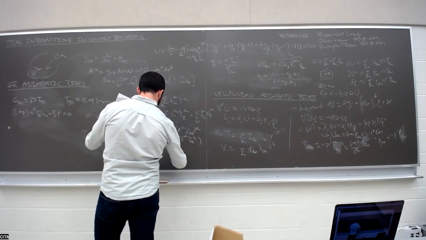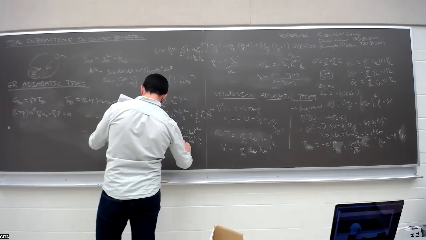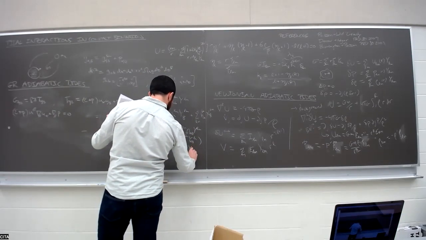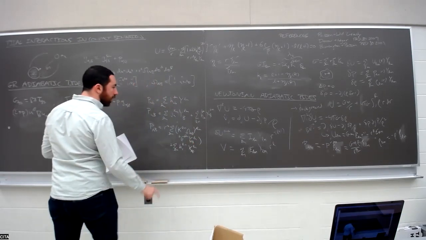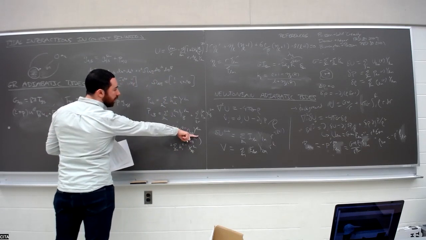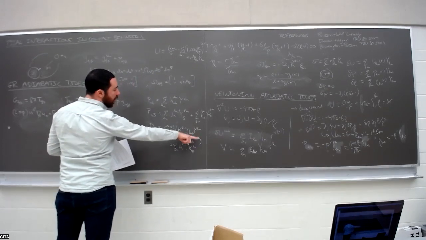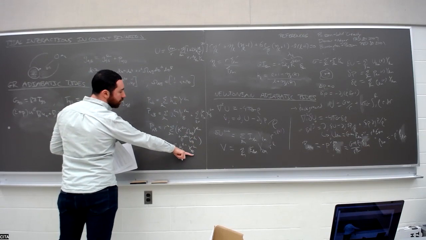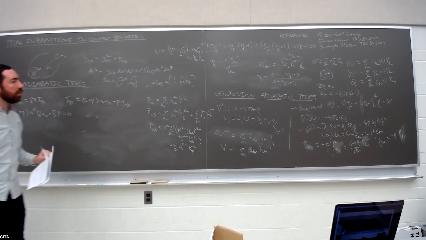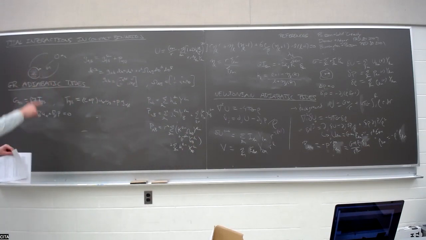So there are even parity tensor harmonics of two kinds, and then there's one set of odd parity tensor harmonics. This is the most general perturbation that you can write down on our static spherically symmetric background.